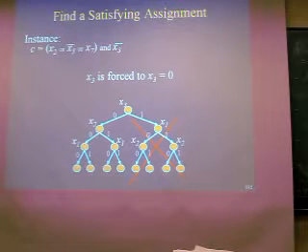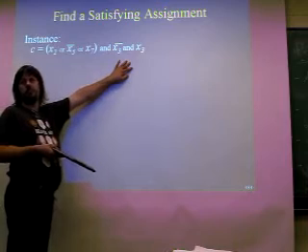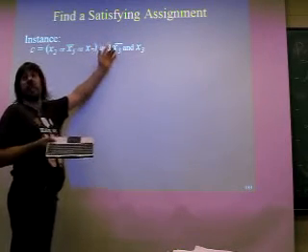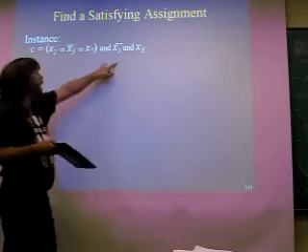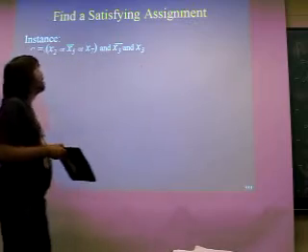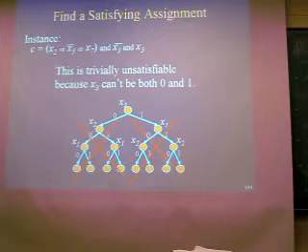So here's another example. What happens if this was your input? It's unsatisfiable, because this says that x3 has to be 0, and this says x3 has to be 1. So it's kind of like a base case. I bottom out and I say, I give up right there, and I tell my boss, hey, don't bother with this branch.